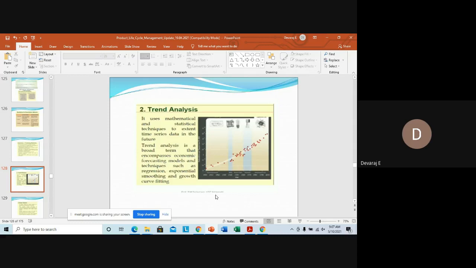Trend analysis is nothing but seeing the previous data, like the last 4 to 5 months of sales in the market, and if you want to predict for the next 2 months, or for 1 year, we can do it by trend analysis. Trend analysis basically uses mathematical statistics techniques.